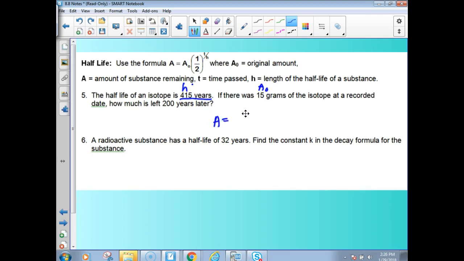I can do this problem without this formula, but I'll show you that after I do it with the formula. So you've got 15 times 1/2 to the C. What's C? 200 years later, so we're going to do 200 divided by 415, the half-life number.